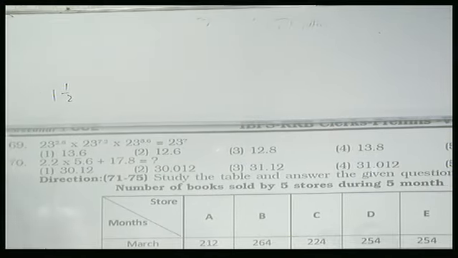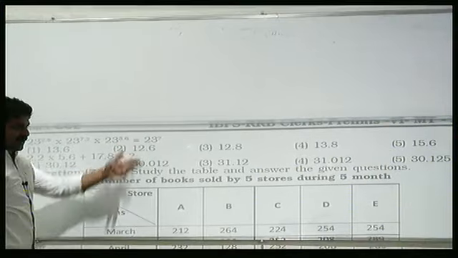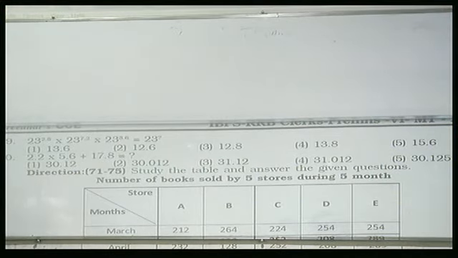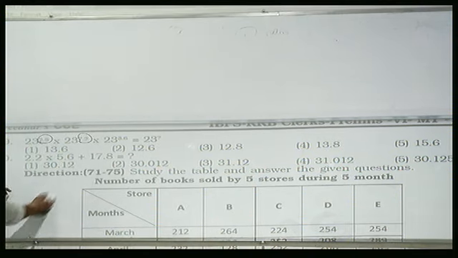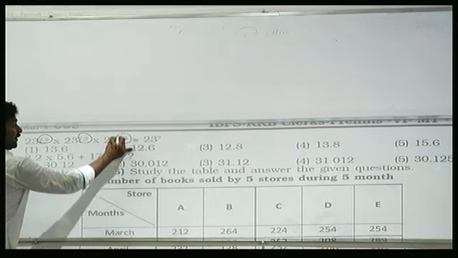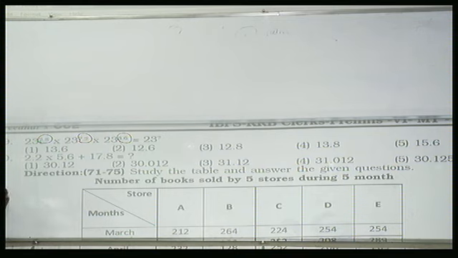So all base values are 23 and right hand side also you have 23. Anyway, that is a prime number, you cannot convert that. So 2.8 plus 7.2, 10, 13.6. First option. Next, 2.2 into 5.6.